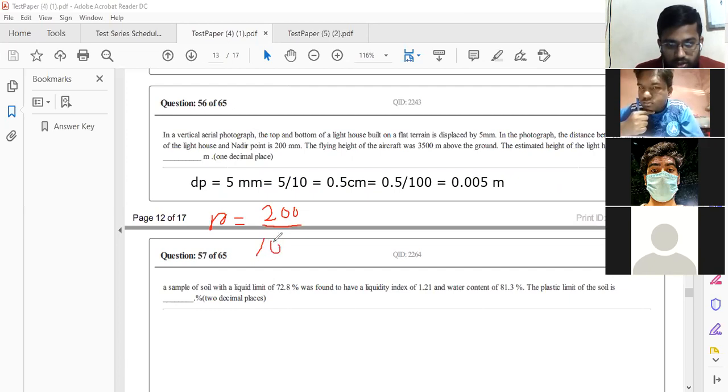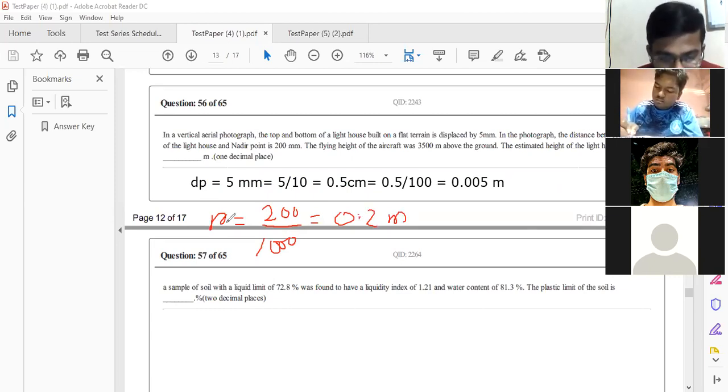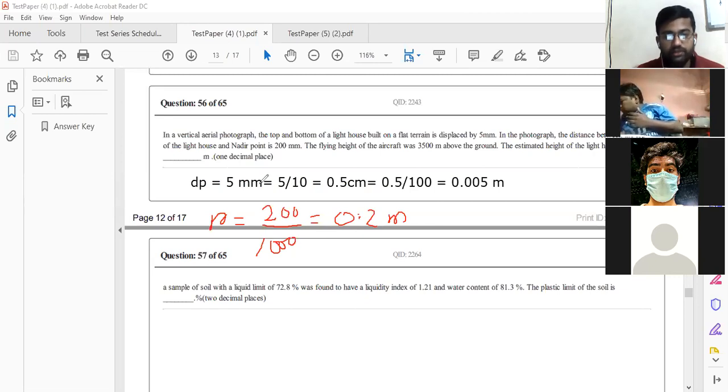I'm dividing directly by 1000 to convert this to meter. First divide by 10, then by 100, meaning total 1000, for conversion of mm to meter, 10 to the power minus 3. Okay, we'll get 0.2 meter, your r.